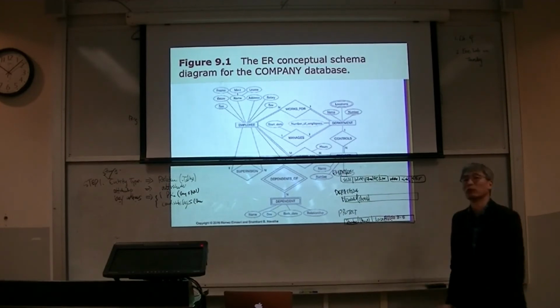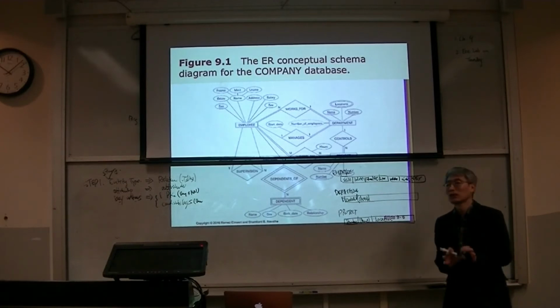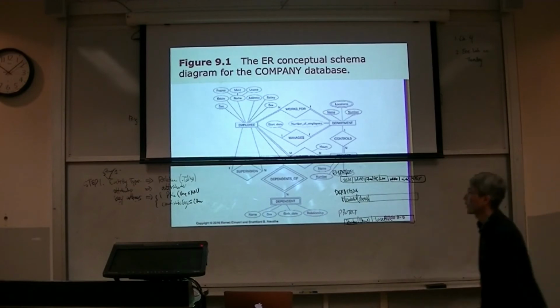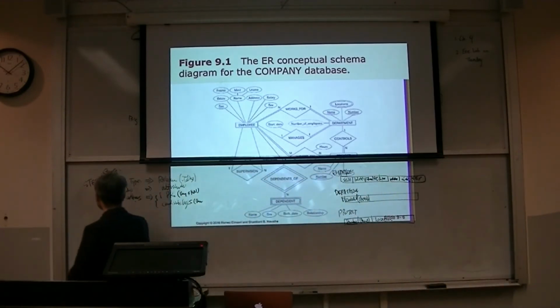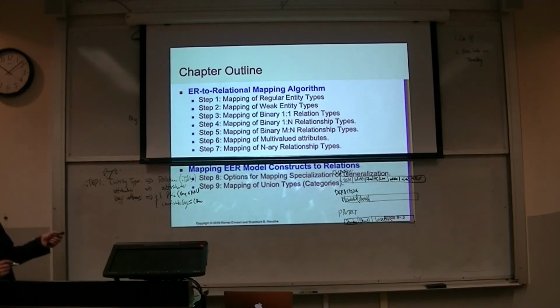It's really helpful. Think about when you develop a program in a hurry, so you create variables such as C1, C2, and A1, A2. Please create a meaningful name. Okay, this is the first step. The first step is mapping the regular entity type.